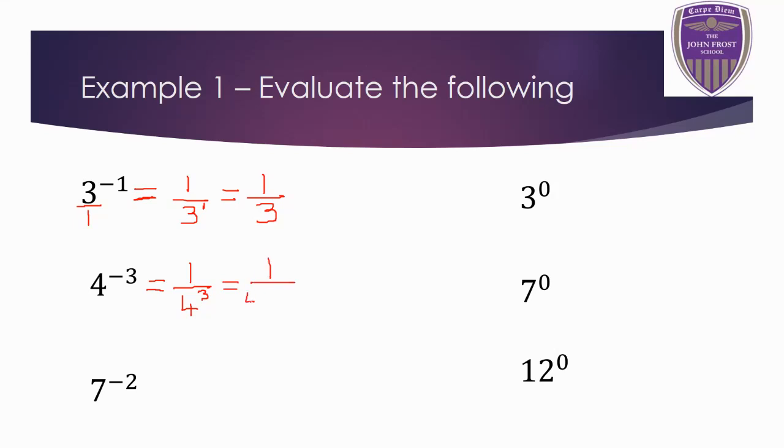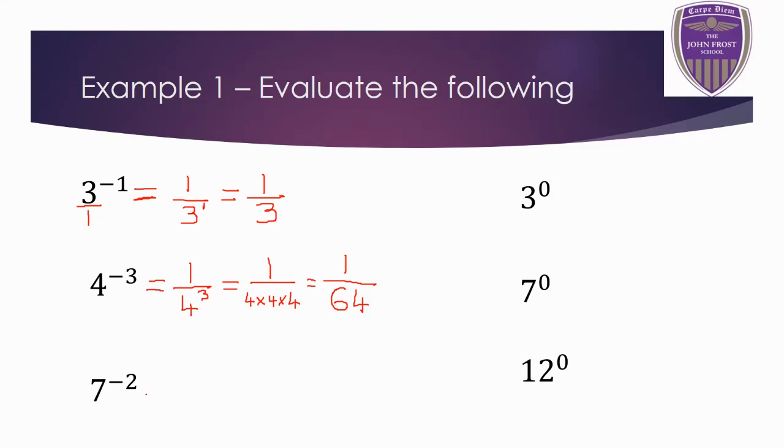That's basically 1 over 4 times 4 times 4. Take your time with this, use your box method, use whatever techniques you've got available to you. Eventually, you'll get these cube numbers and square numbers fixed in your head. So I know 4 times 4 is 16, 16 times 4 is 64. So 4 to the power of minus 3 is 1 over 64.